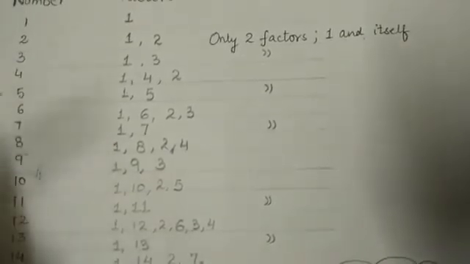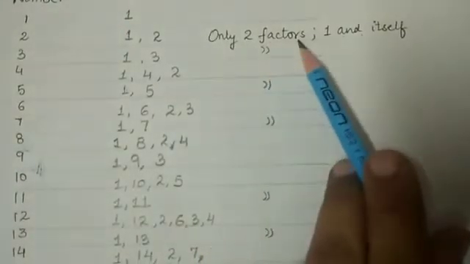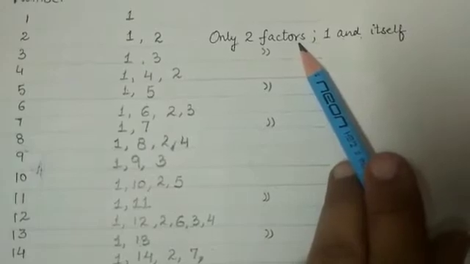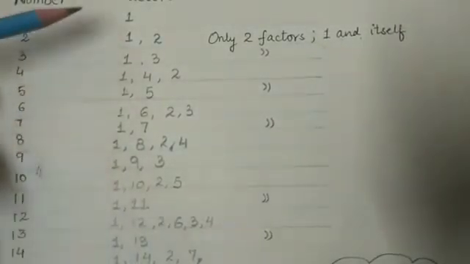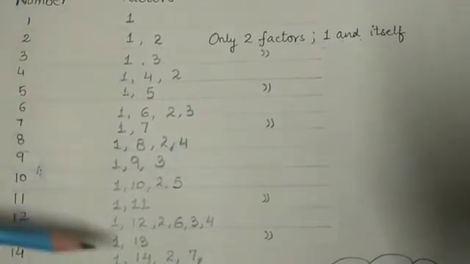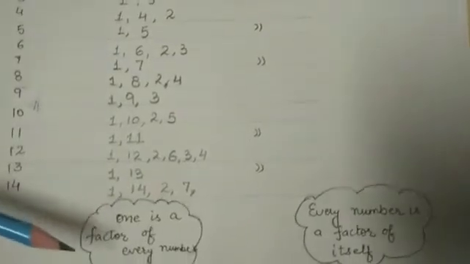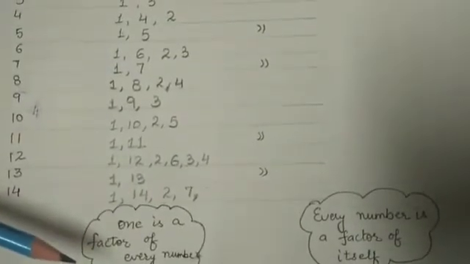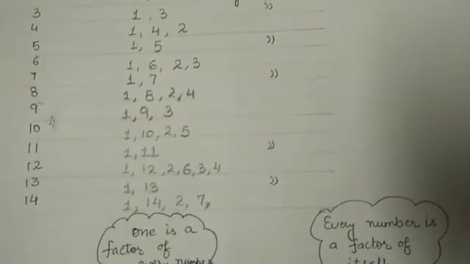Now observe in these 14 numbers, some numbers have only 2 factors, and every time they are 1 and the number itself. And in each line, each factor we have observed, 1 is a factor of every number and every number is a factor of itself.